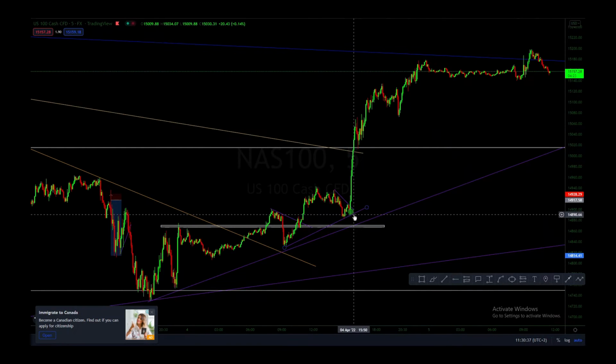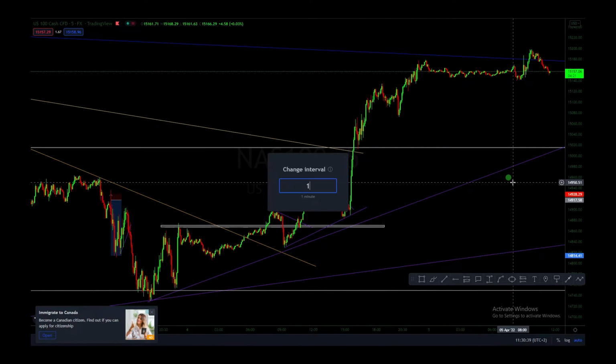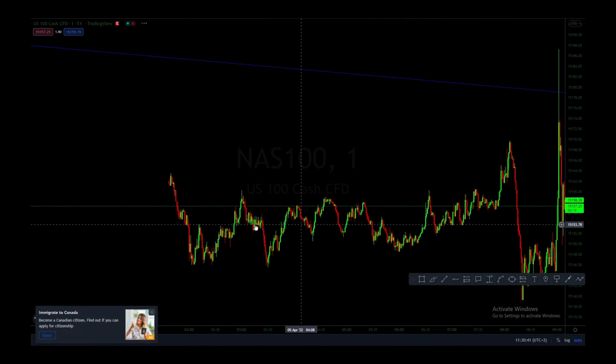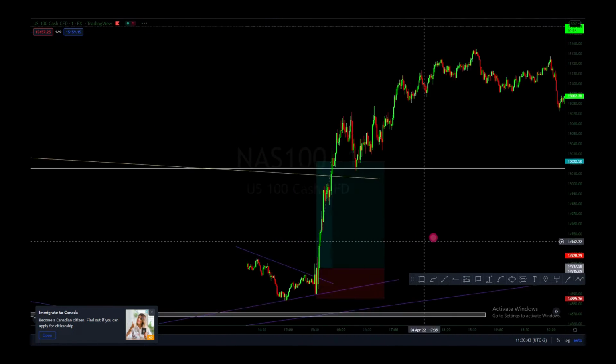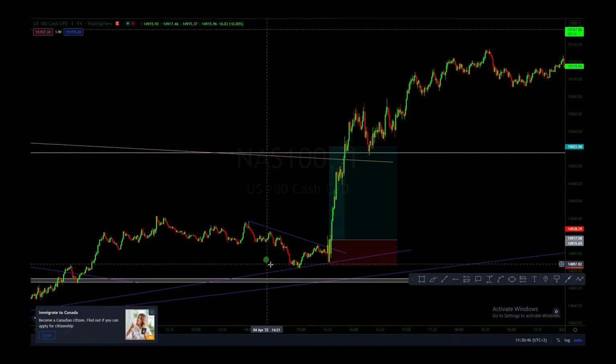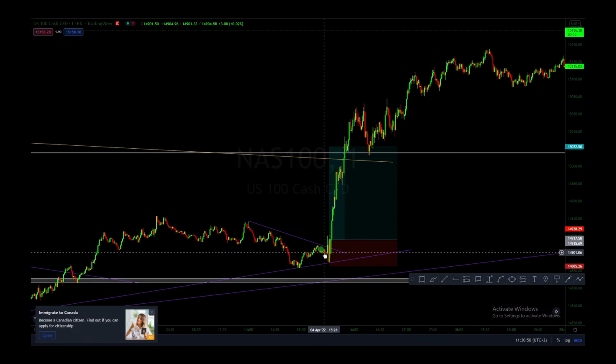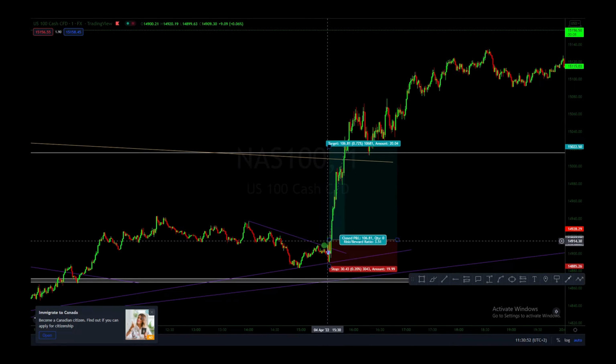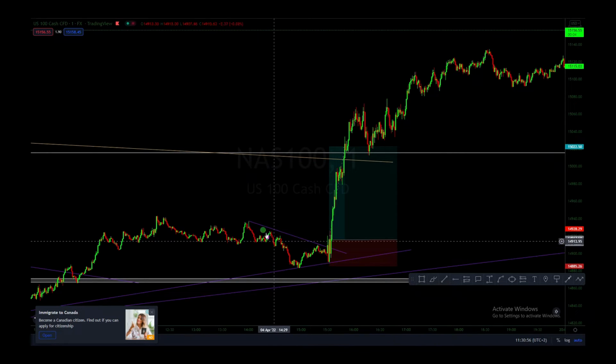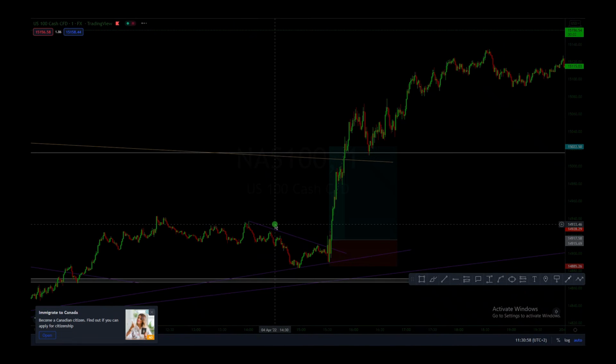So at New York session at 3:30, as you can see, the market came in around this area and respected the trend line. I'll show you on the M1. We got an impulse and then a slight correction down, and then we got a clearing up and down.